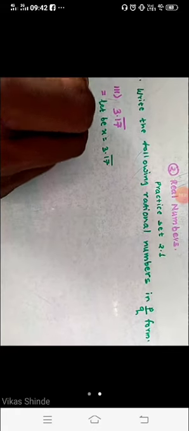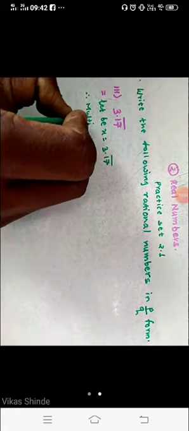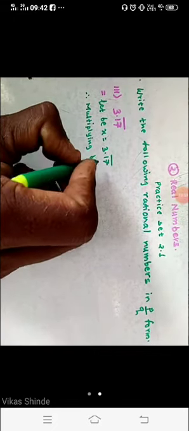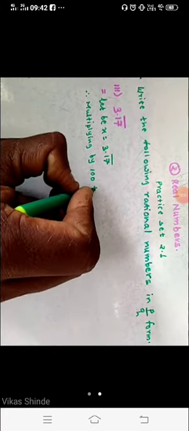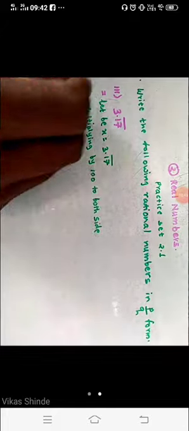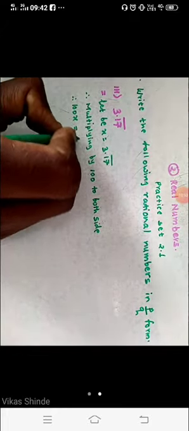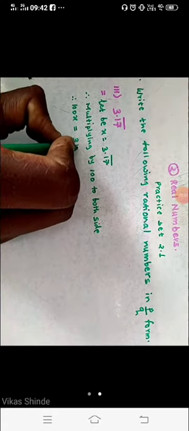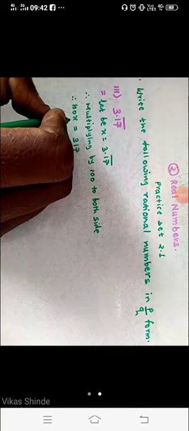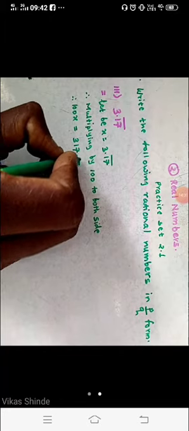So now write here next step, therefore multiplying by 100 to both sides. So right here now here is 100x is equal to this side here 317. Be careful, write this one, multiply this and write this one. The third one here 317.17 bar.